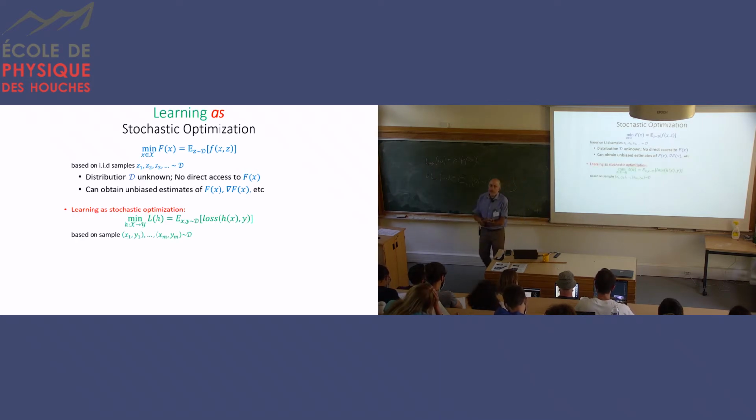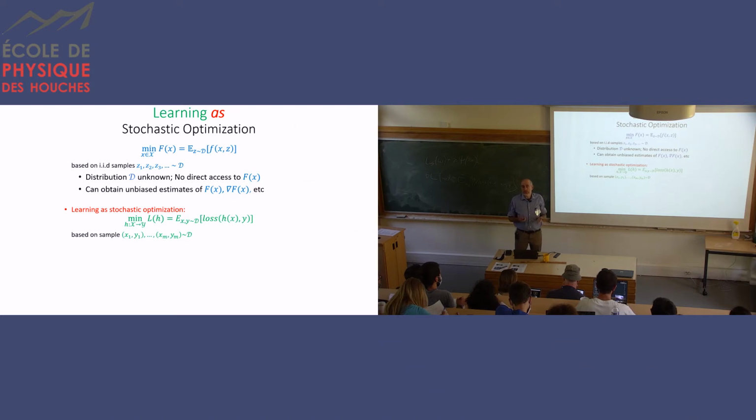This is a general formulation of the stochastic optimization problem, and what we saw is that we can formalize learning as a stochastic optimization problem. Learning is in this case just a special case, where our optimization objective is a mapping from x to y. We said that we're talking about supervised learning, as learning a predictor. What we want in learning is to find a predictor with good expected error. What's the expected error? Just the expectation over samples x and y from reality, from the source distribution, of the loss that our prediction would make.